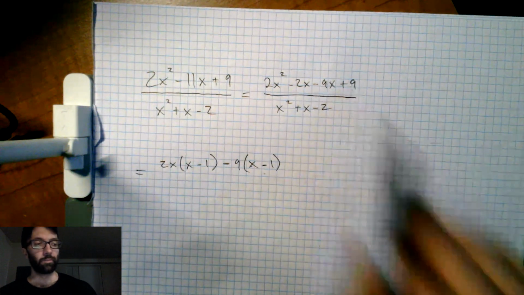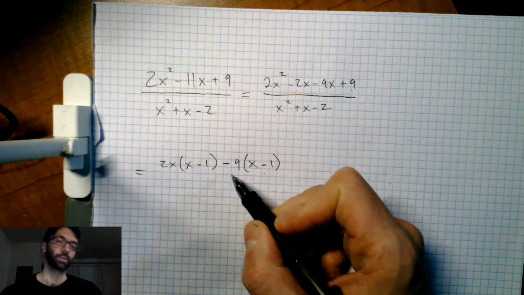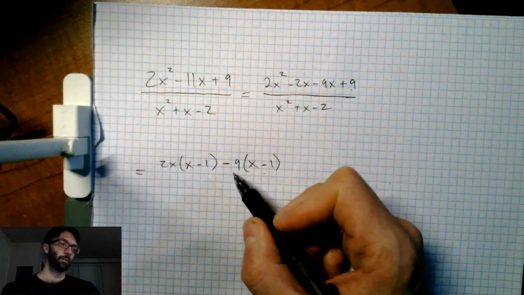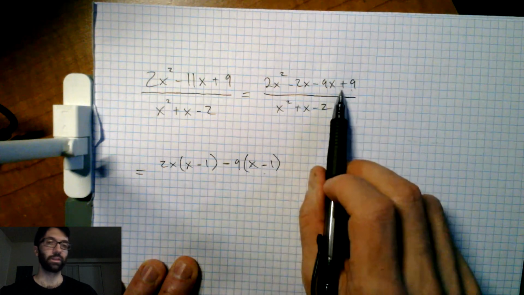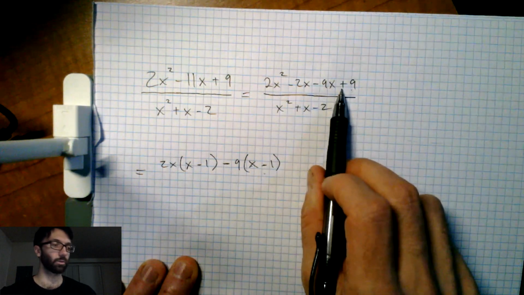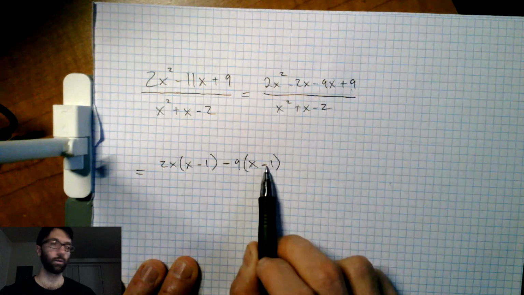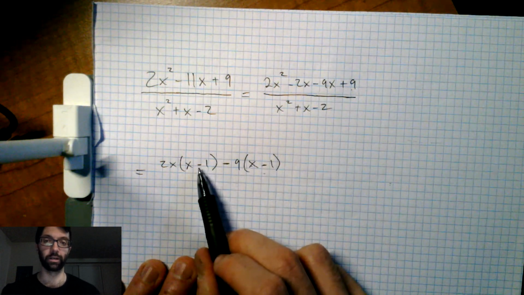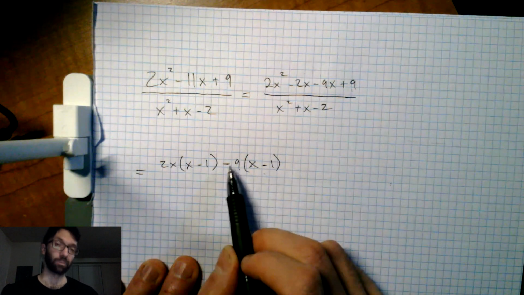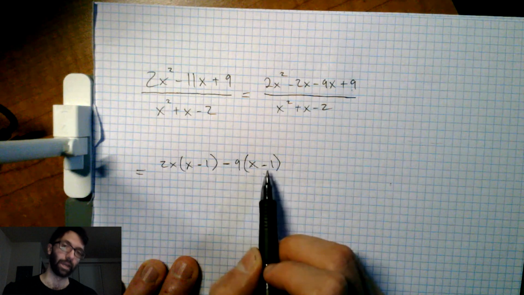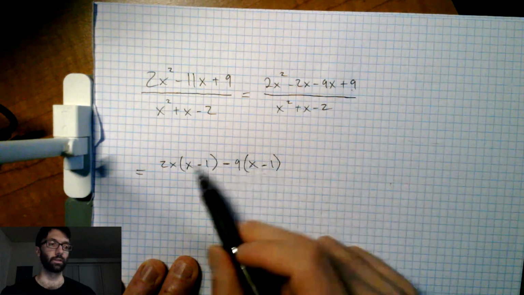And you might be wondering why I decided to factor out a negative 9 instead of a positive 9. The reason is because I needed to get this sign to flip so that when I factored it, I get my negative 1 here, which will match the factor over here. So again, by factoring out a negative 9, I have to multiply that negative 9 by a negative value to get the positive, which is good because then these factors will match.